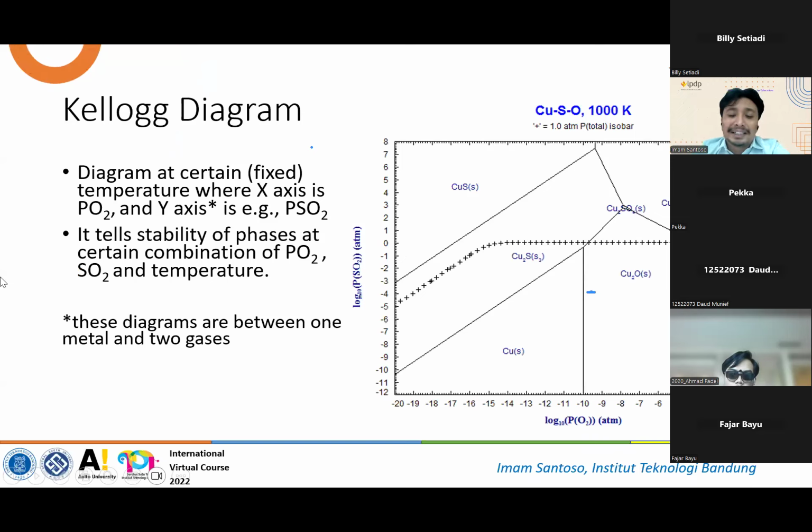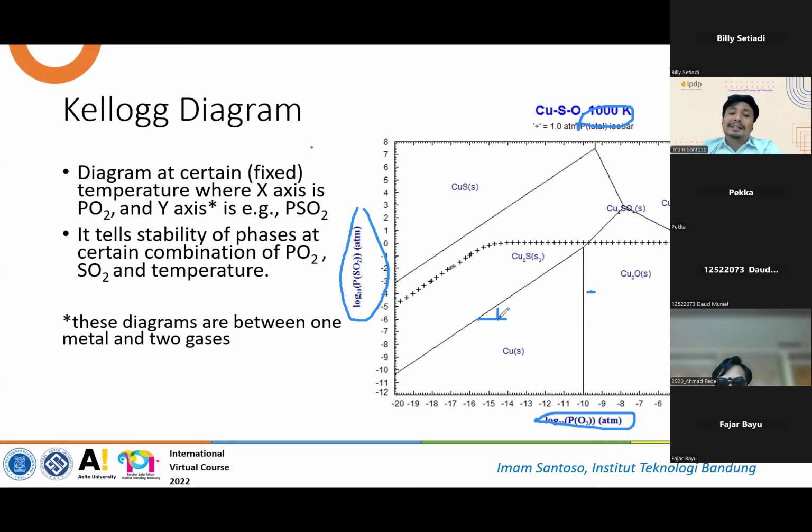This is the example of the Kellogg diagram. It is at constant temperature. In this case, the constant temperature is 1000. Okay. The X is log partial pressure of oxygen, and the Y is log partial pressure of sulfur oxide. You can see here there is a vertical line, and there is a straight line with slope.